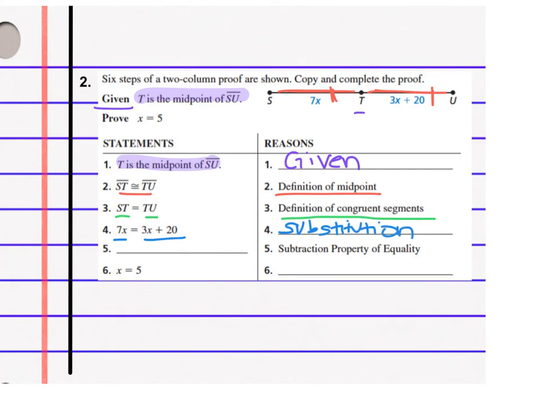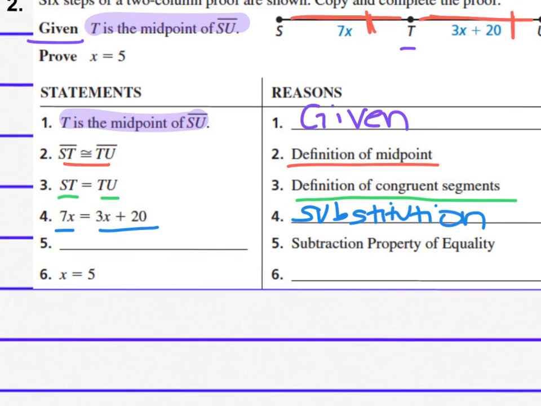Okay. Then think about what you would do to solve this equation. So hopefully your first step would be to subtract 3x. And it kind of gives you a hint over here too. It says subtraction property. So 7x minus 3x equals 3x plus 20 minus 3x. And then what does that give me? I think they kind of skipped a line here.